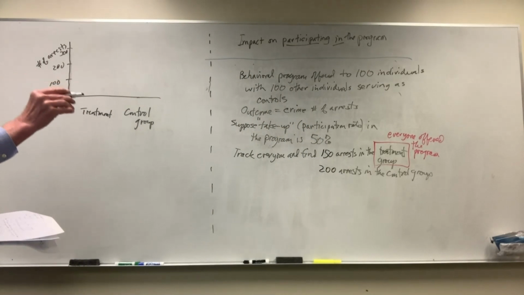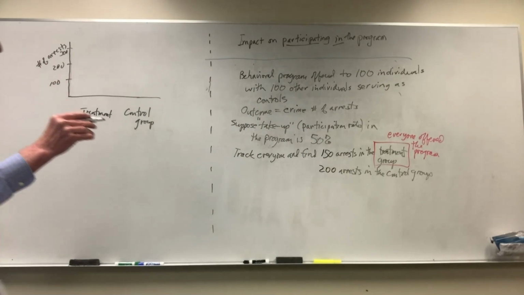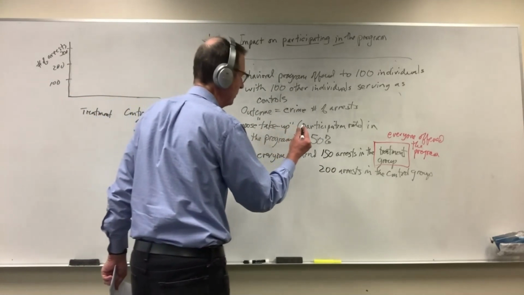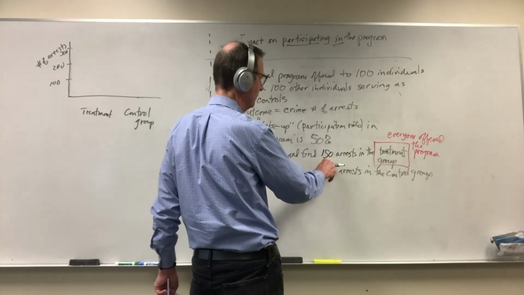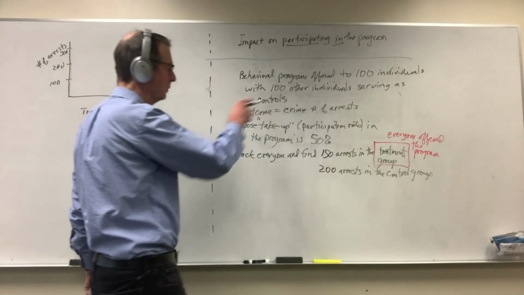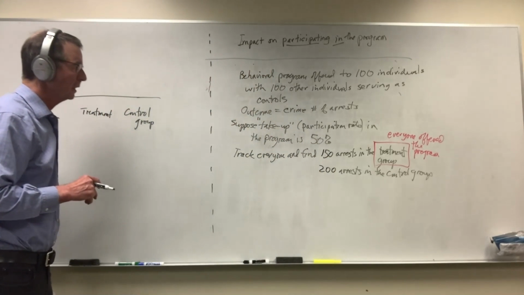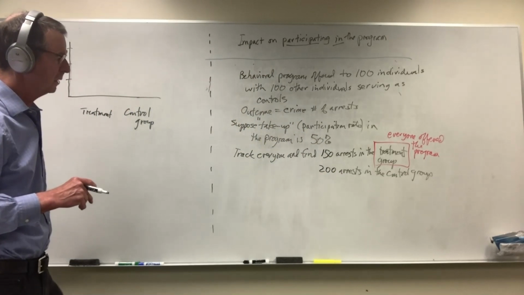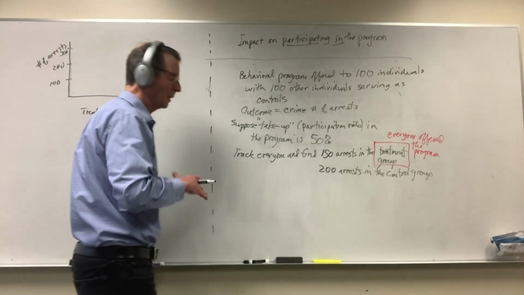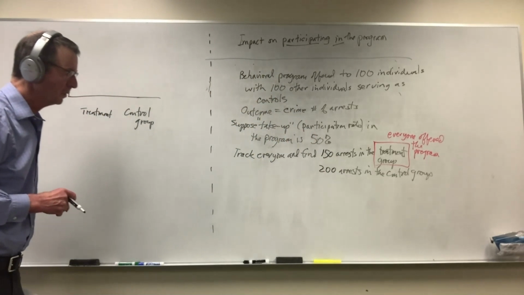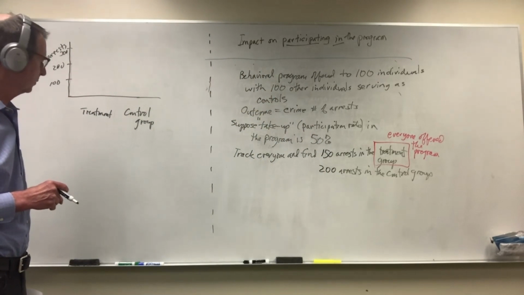So we've got 100 individuals in the treatment group. Some of them take up the program and some of them not. And the total number of arrests in the treatment group is 150. We've got 100 individuals in the control group, and on average, everyone gets arrested twice. So there are 200 total arrests in the control group.